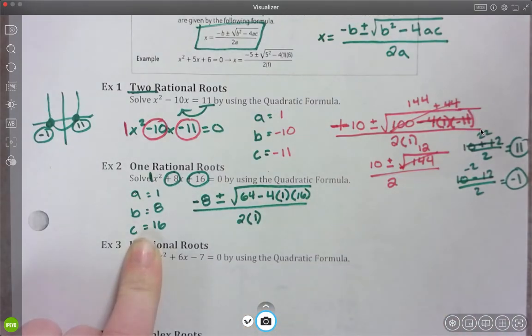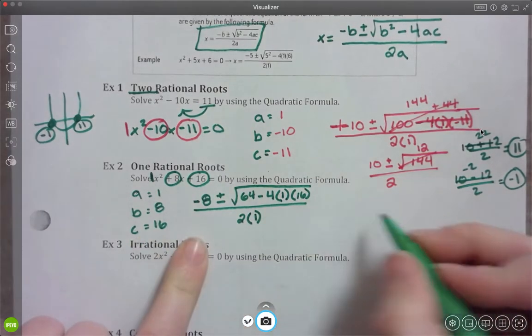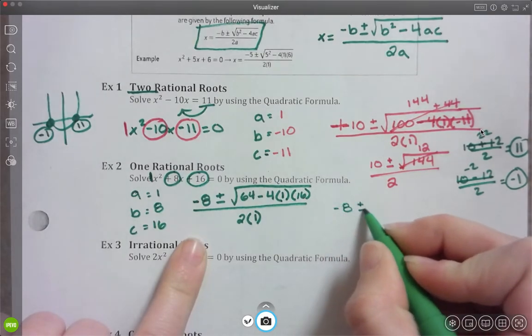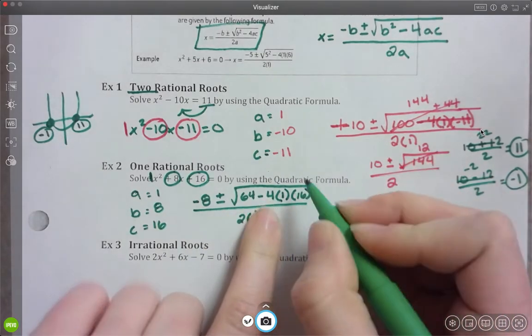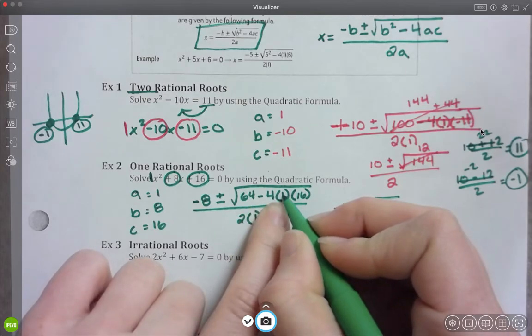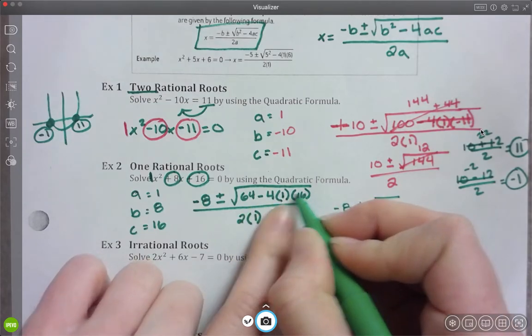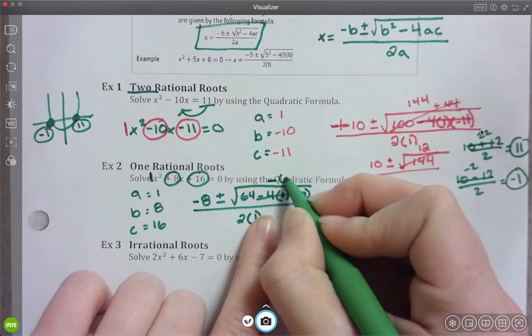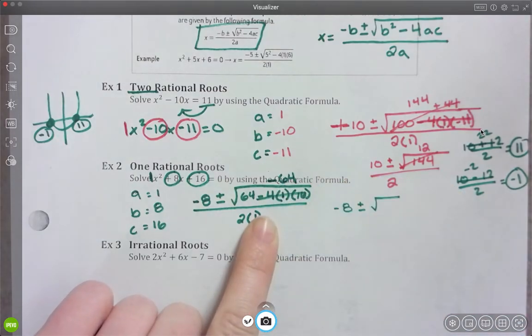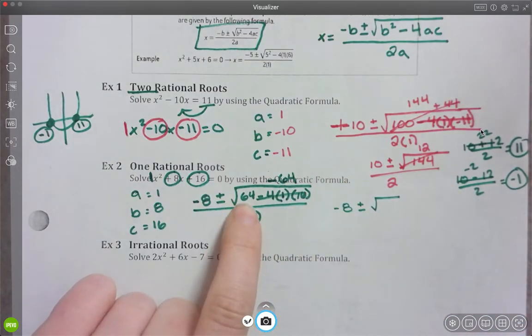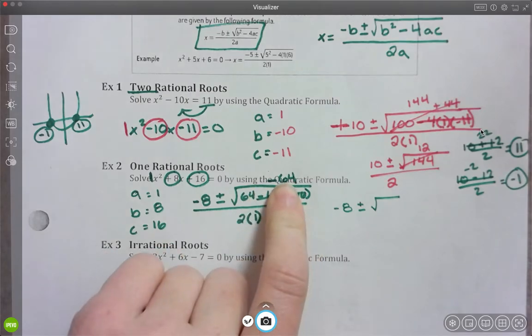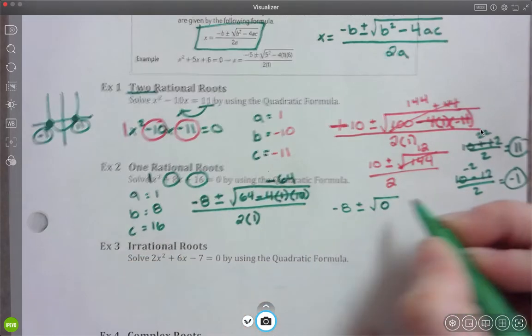Okay? All right, now we have here negative 8 plus and minus the square root of negative 4 times 1 times 16 is going to be a negative, and I think that number is 64. Okay, well, wait a second. 64 minus 64 is 0. All over 2 times 1 is 2.